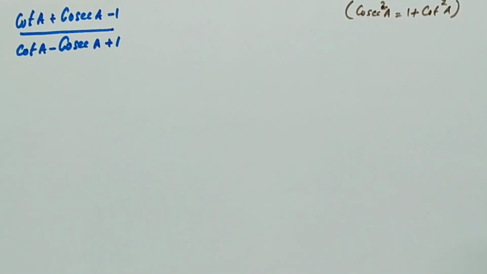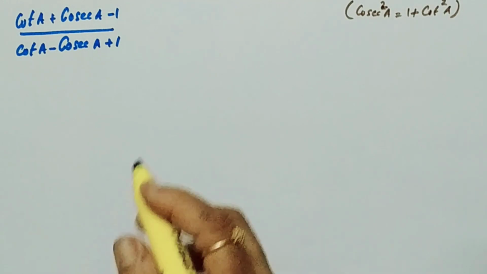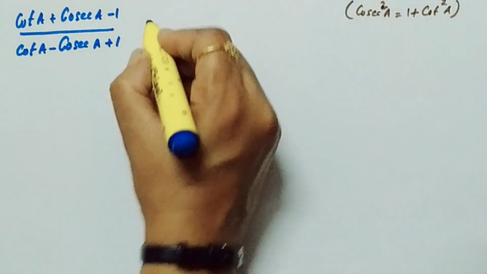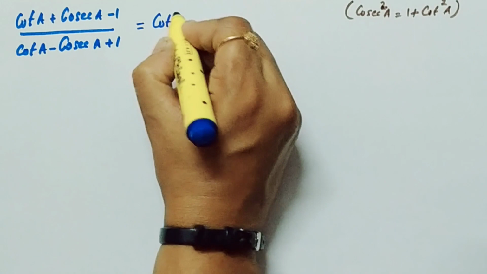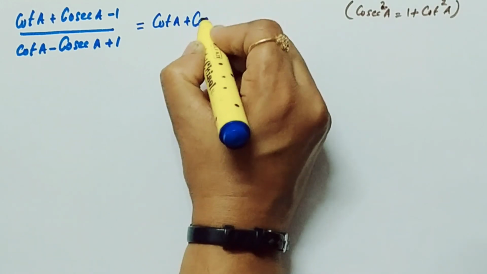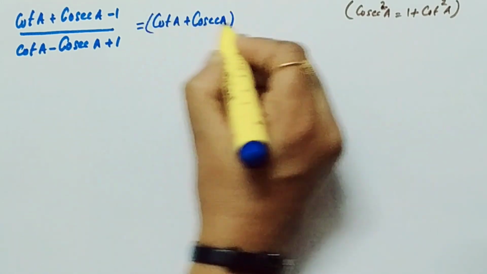Here I am going to make an arrangement in the numerator alone. In the numerator I am going to make an arrangement which implies cot A plus cosec A together minus 1.